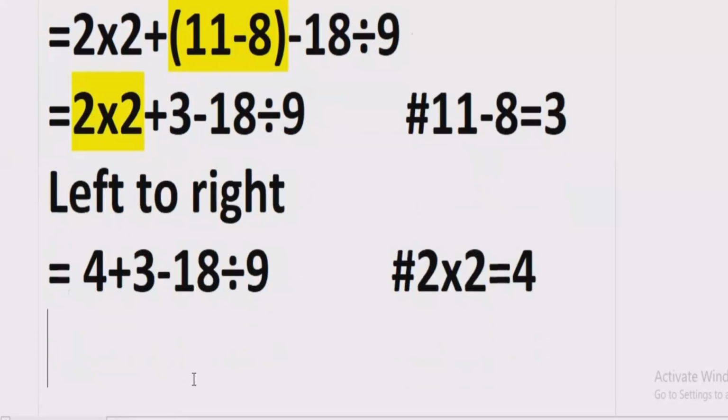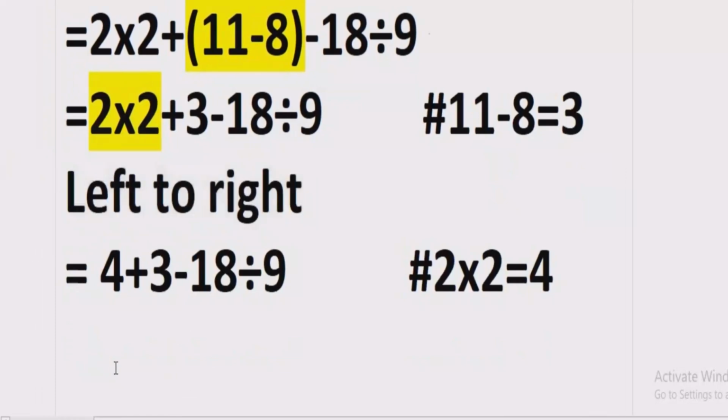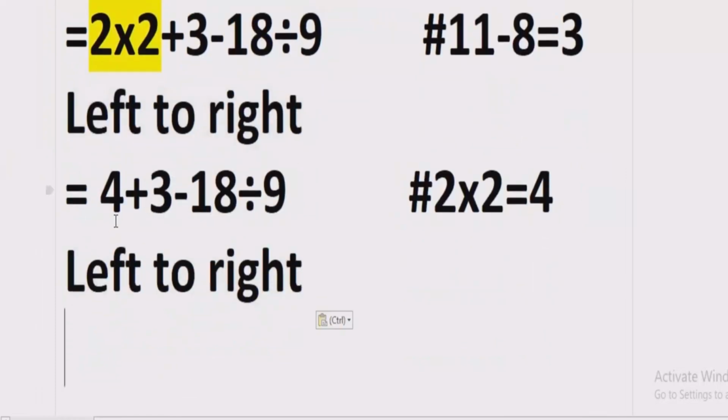Now again we have to move left to right, and here we have 4 plus 3, which we could solve directly if we were solving MCQ-based questions. But here we are following BODMAS, so we are going step by step to solve this expression.